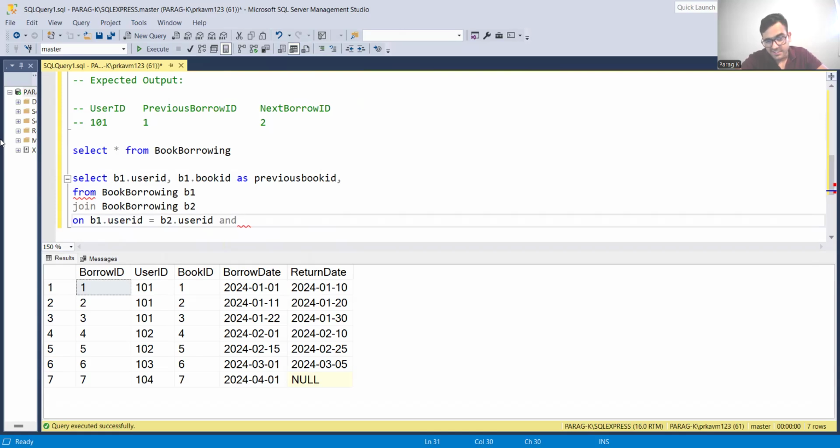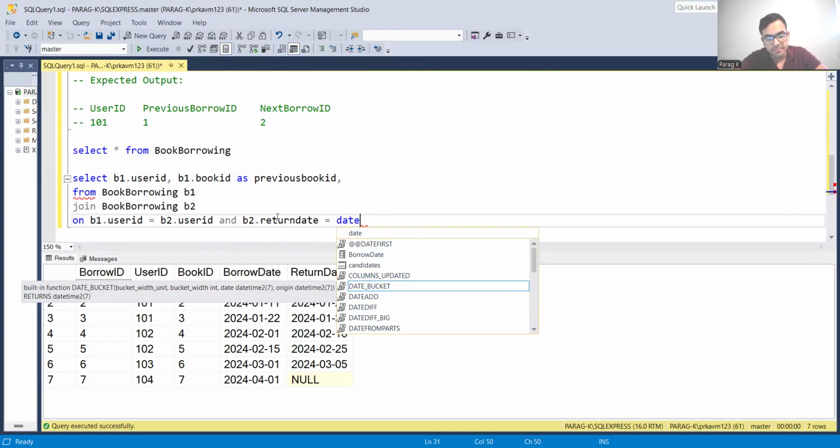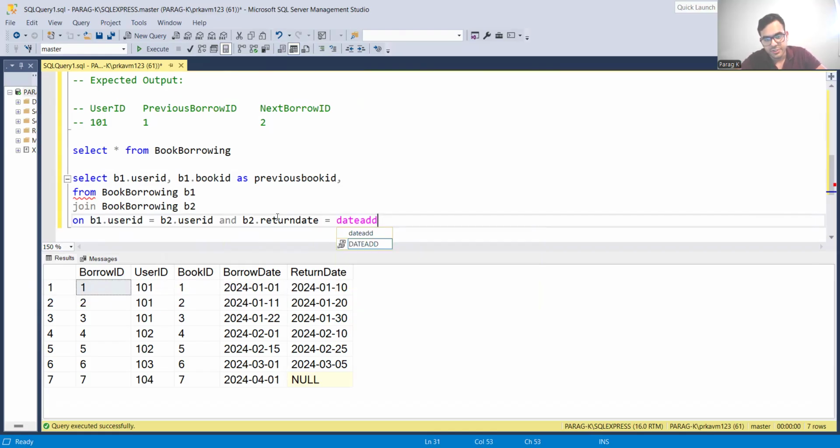I'm going to use the date add function here. What does the date add function basically do? It is really good if you want to add or subtract something. Any subtraction or addition is where date add is useful.